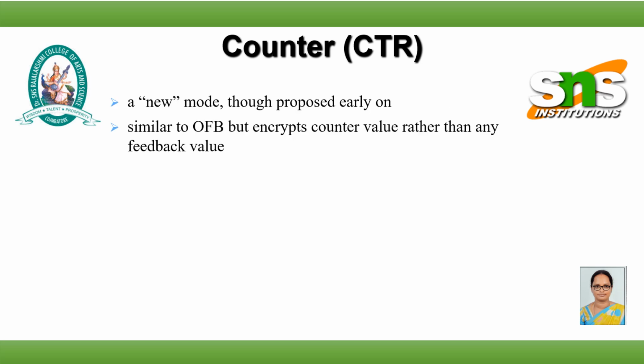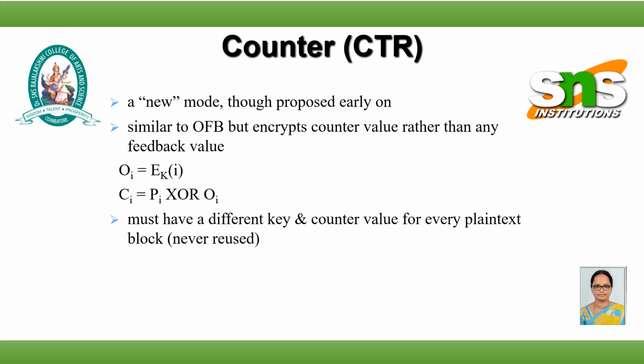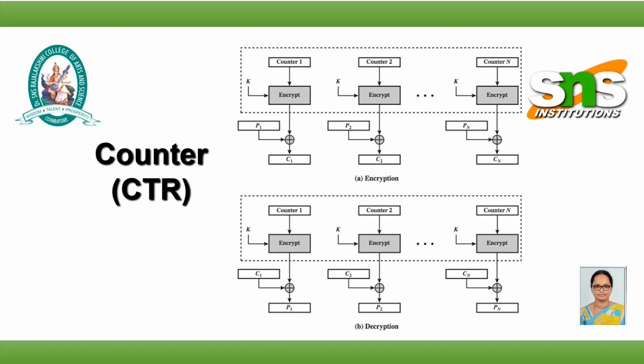It is similar to OFB but uses a counter value rather than feedback values. It must have a different key and counter value for every plaintext block. Again, reuse issues occur. The use of counter mode is high-speed network encryption.